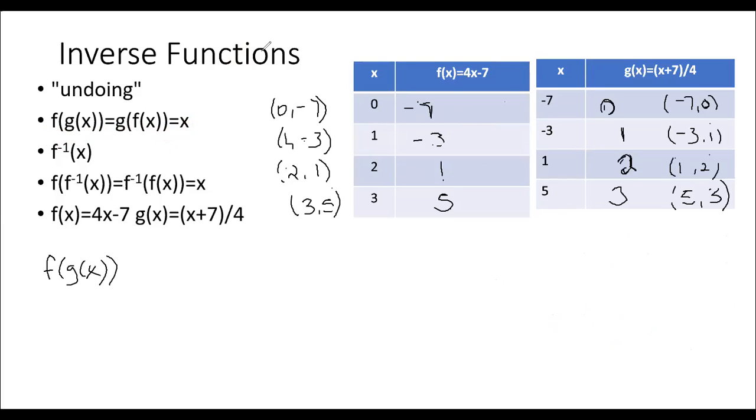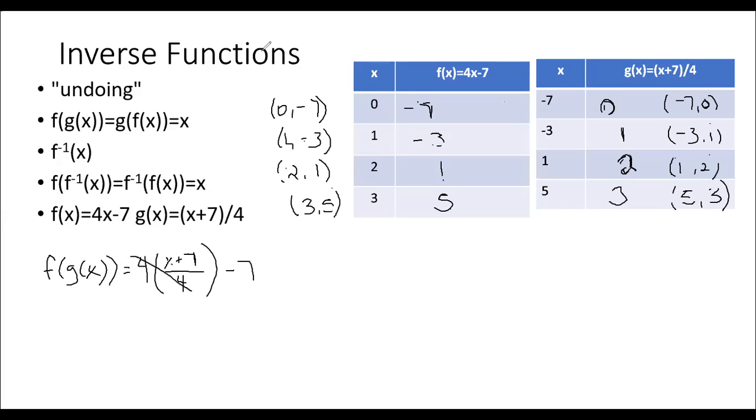So we're going to take f of x, and wherever we see x, we're going to plug in our g of x. So f of x was 4x minus 7. So 4 times x, but we're going to plug g of x in for our x. So this is 4 times x plus 7 divided by 4, and then minus 7.